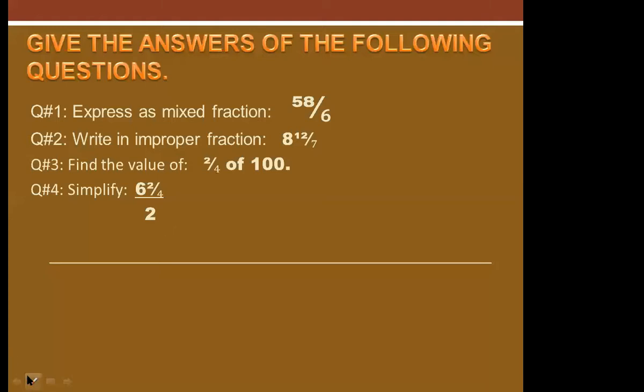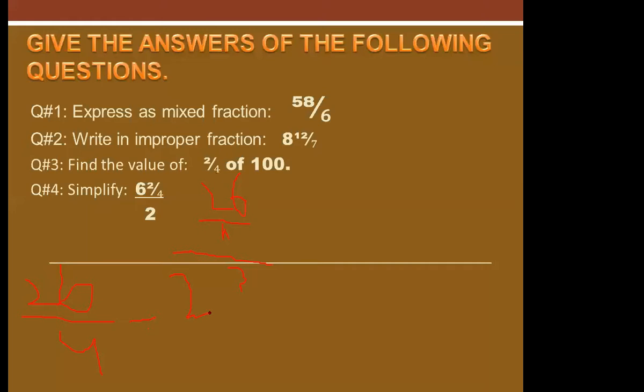Okay, 4 sixes are 24 plus 2, it will become 26 upon 4, and divided by 2. Then you will simply write it in this way. 26 upon 4 divided by 2.